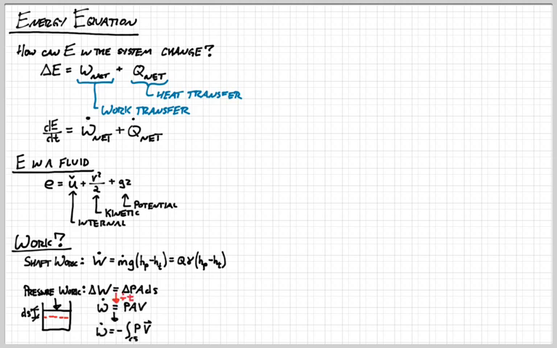And if we make that time variable, we could get that the pressure work rate is PAV, and rather than doing this for our cylinder, if we want to integrate that over the control surface, you get the pressure work rate is the integral over the control surface of P V dot N, so that's velocity normal to the surface, dA. And you'll notice that negative sign out front. The idea there is that work done to the system becomes positive, work the system does becomes negative. So that just keeps our directionality correct.